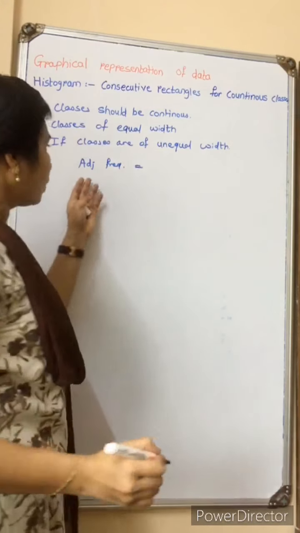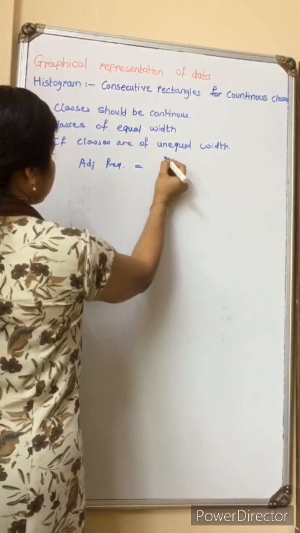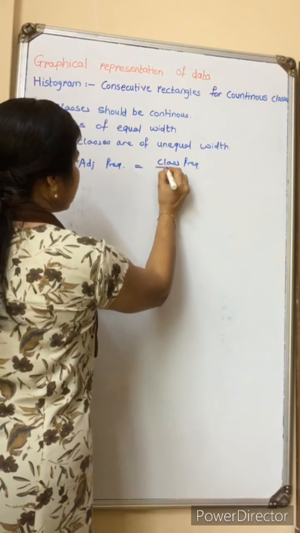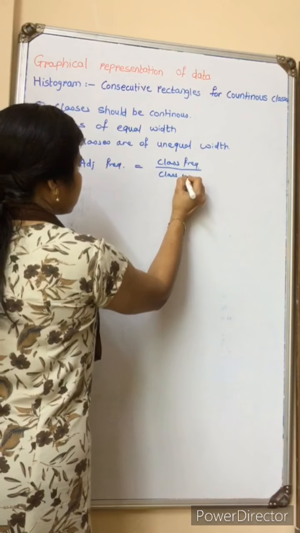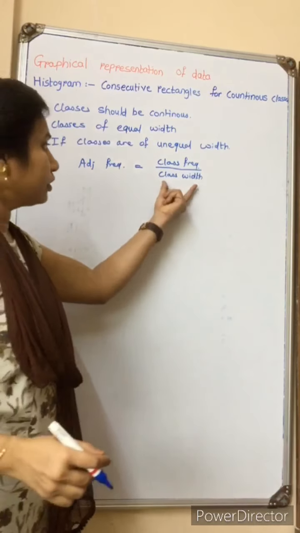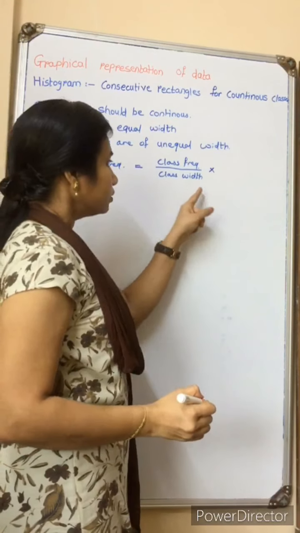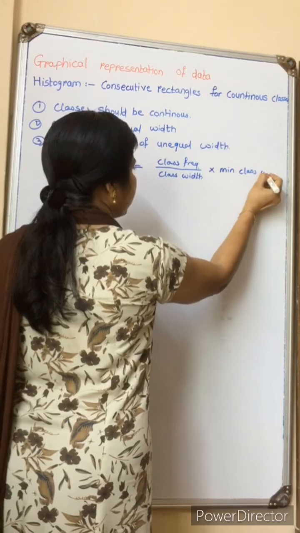So how can we adjust the class frequency? We take the frequency of a particular class upon the class width of that particular class, whatever the current width is, and multiply by the minimum class width.